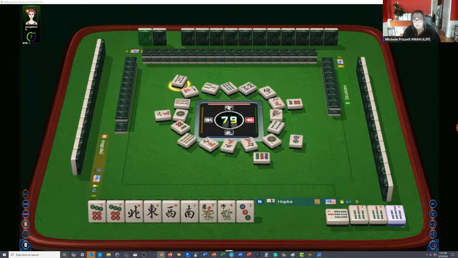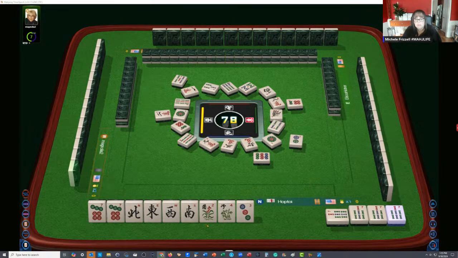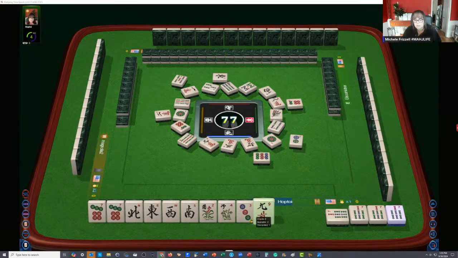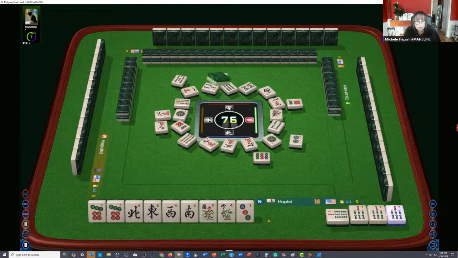Does anybody have any bamboos? Comments about position? We're in the middle game now. We have one discard. It would be very nice. Let's see, how many 3 dots? Let's just discard the 9. If somebody makes an exposure with a 3 dot and a joker, we'll have a good tile for that exchange.